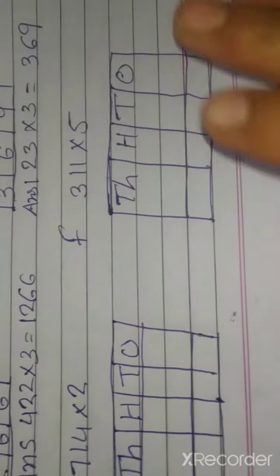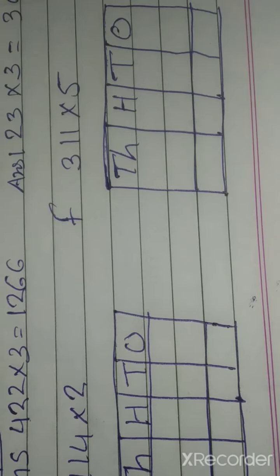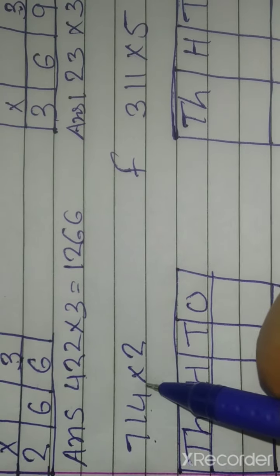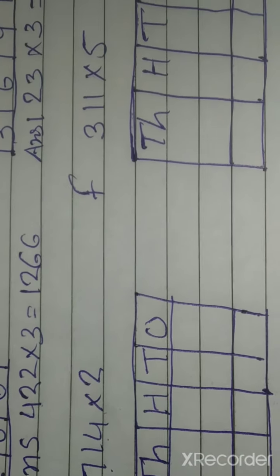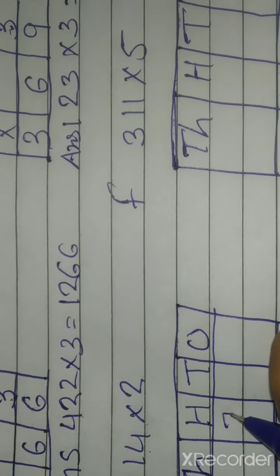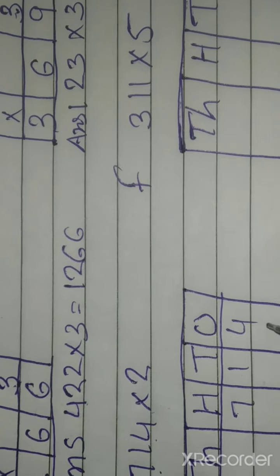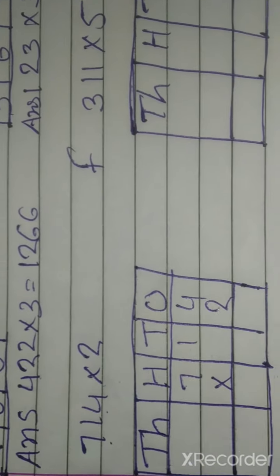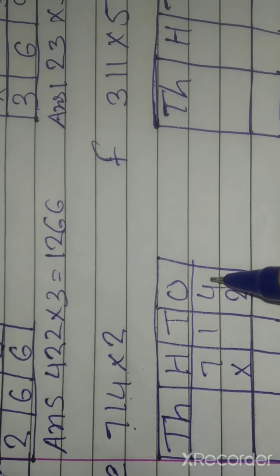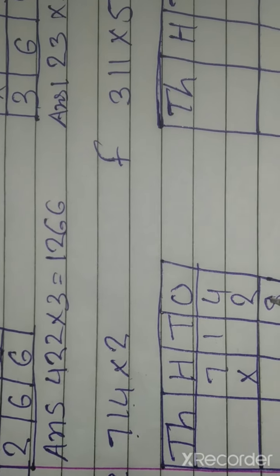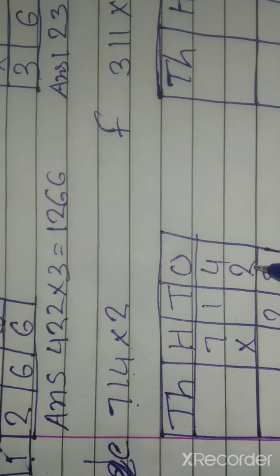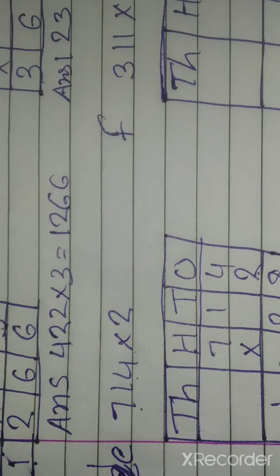Okay students, I hope your work is complete. Now the next sum, 714 into 2. So here we have to write 714 into 2. Now 4 2s are 8. 2 1s are 2. 2 7s are 14.